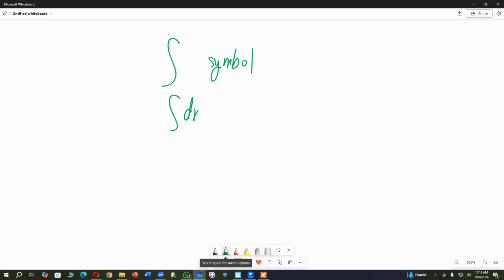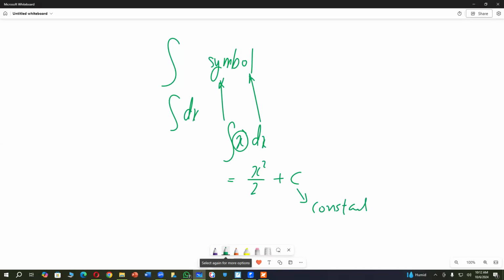When you integrate a function, suppose I write x dx, I will know that the symbol is not part of the function; only x is the function. So I will apply the integration here. I will add 2 to the power and plus c. Now c is a constant. This is another new thing while you're writing: c is a constant.